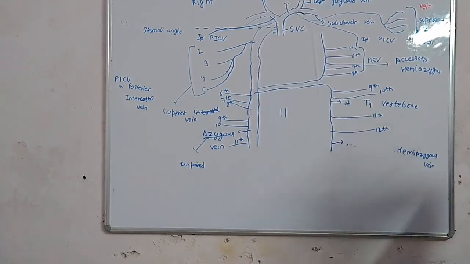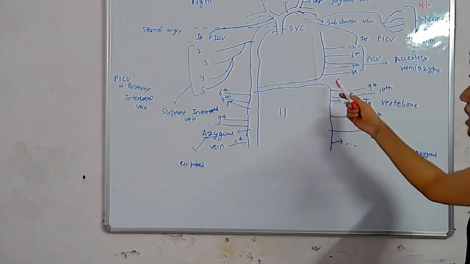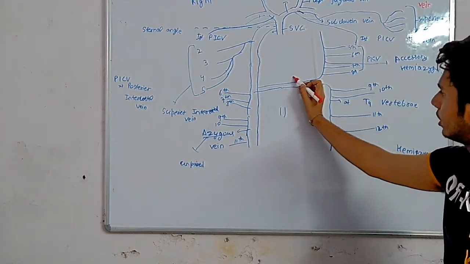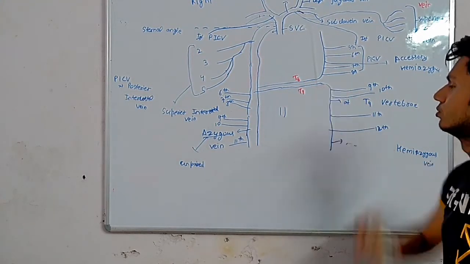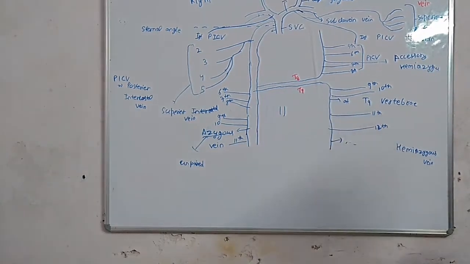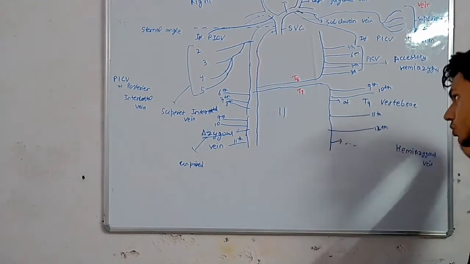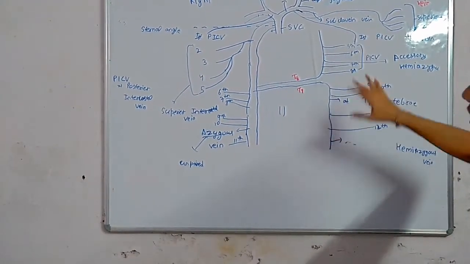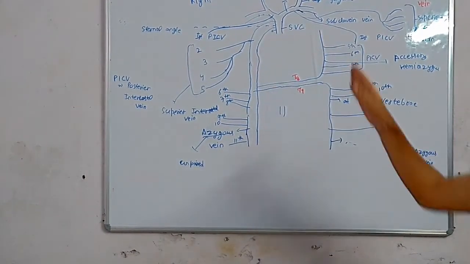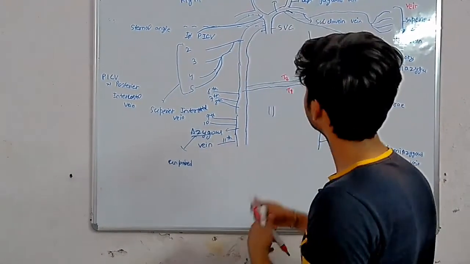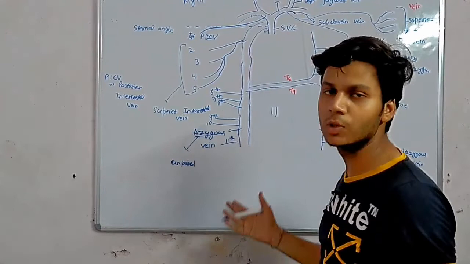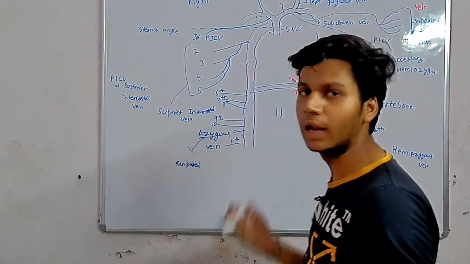So this is the arrangement of the veins. The accessory hemiazygous vein joins at the T8 vertebral level and the hemiazygous vein at T9, which drain into the azygous vein. This portion of the left side all drains in the thorax region, and anteriorly it anastomoses with the internal thoracic vein, the same pattern.